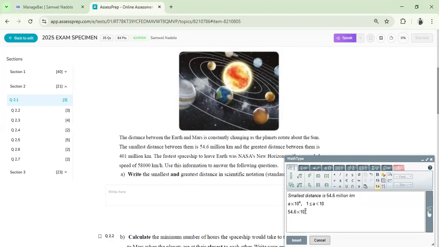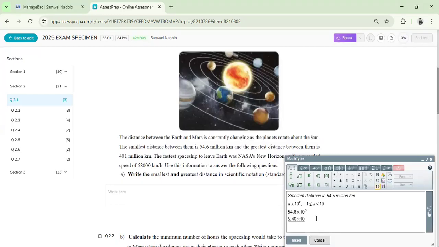But this one is in the form of scientific notation, but it has a problem on the value of A. A should be a number between 1 and 10. And look at what we have here. We have 54.6. So how can we make it a number between 1 and 10? We'll move this decimal point back to between 5 and 4, and it will be 5.46. That is a number between 1 and 10.